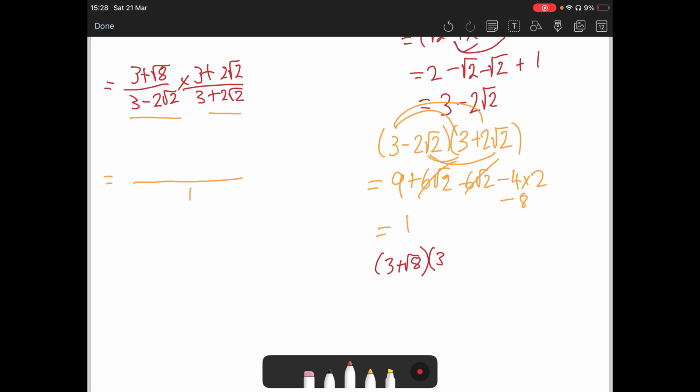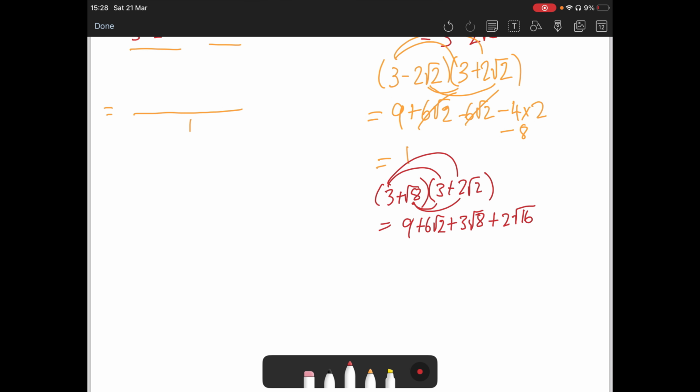But we also had to times it by 3 plus 2 root 2. So let's multiply that out. 3 times 3, 9. 3 times 2 root 2 is plus 6 root 2. Root 8 times 3 is plus 3 root 8, and root 8 times these two to finish with, plus 2 lots. Root 8 times root 2 is root 16.